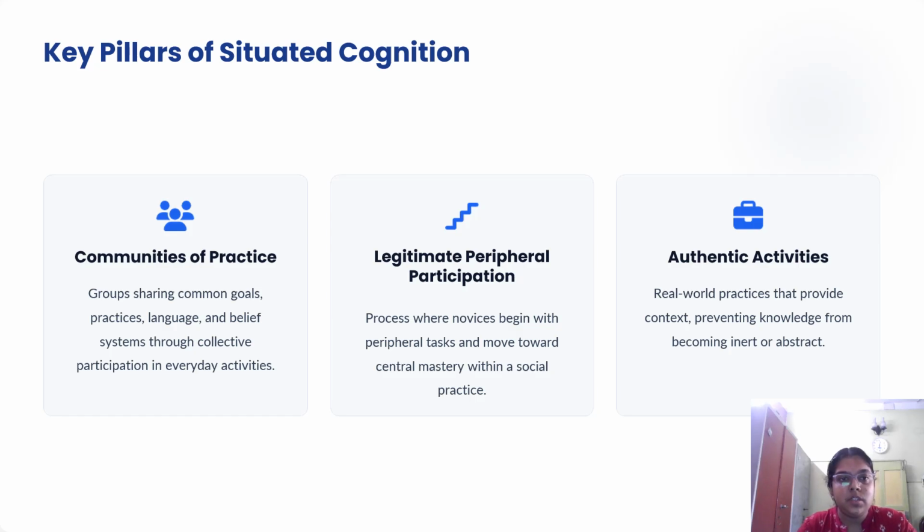Key pillars of situated cognition. Now we will see what the key pillars of situated cognition are. First is communities of practice. What is being stated? Groups which share common goals, practices, language and belief system through collective participation in everyday activities.